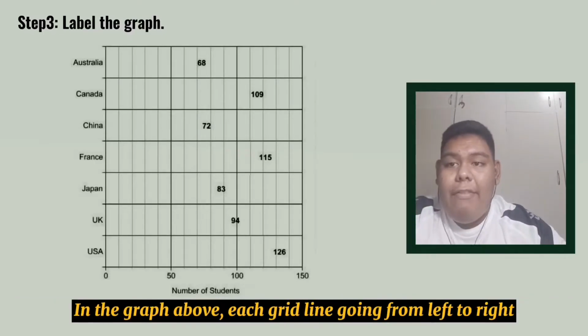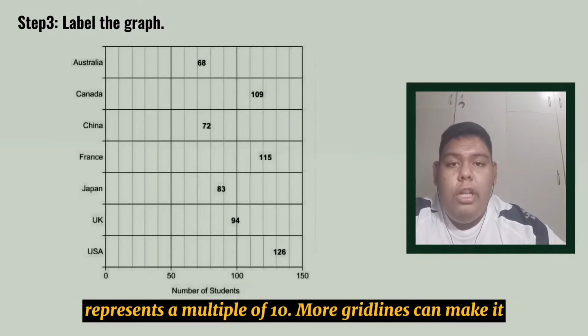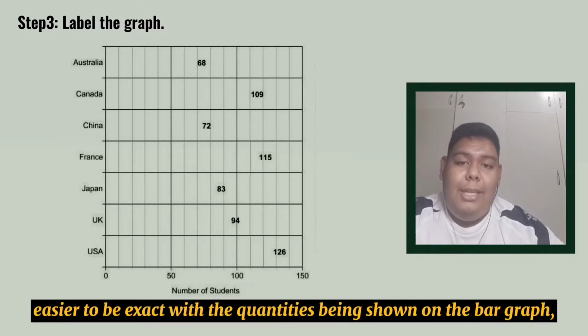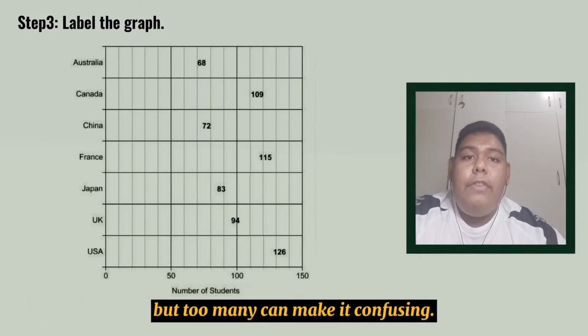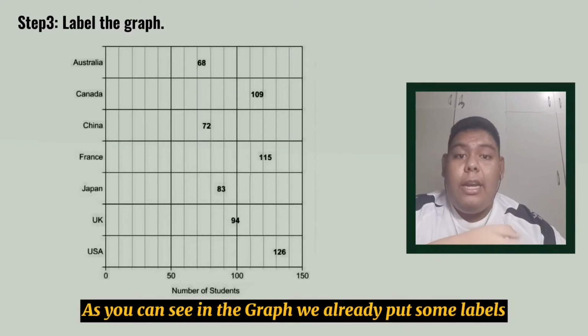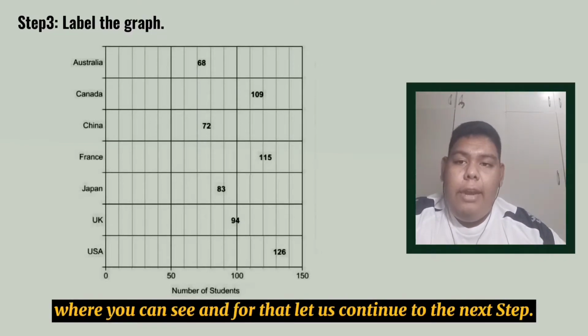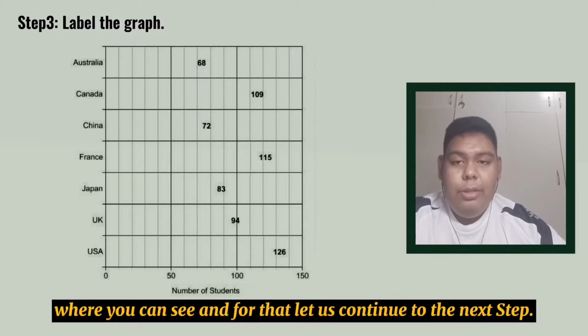In the graph above, each grid line going from left to right represents a multiple of 10. More grid lines can make it easier to be exact with the quantities being shown on the bar graph, but too many can make it confusing. As you can see in the graph, we already put some labels, and for that, let us continue to the next step.